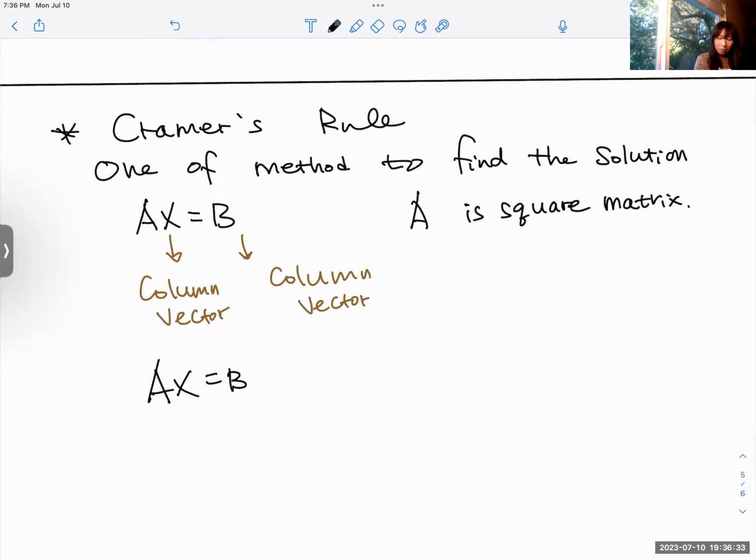Okay, now let's multiply the inverse of A on both sides. So there will be A inverse, right?